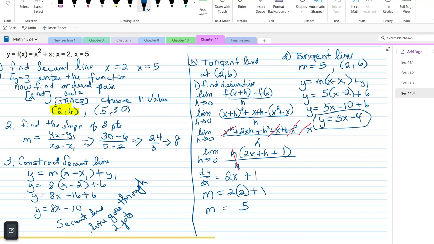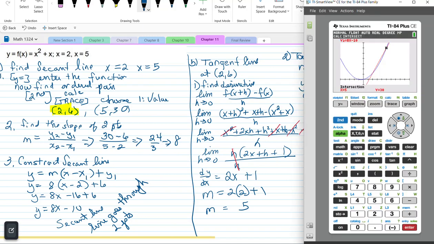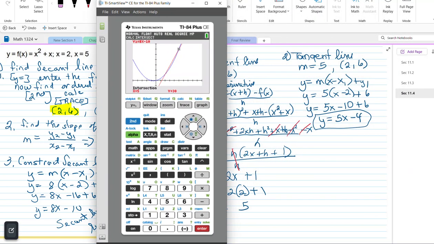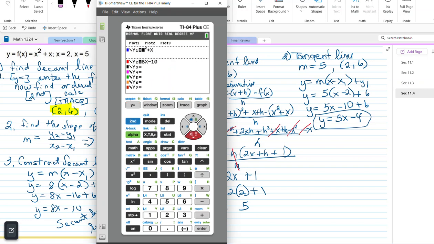And now I'm going to insert it in my calculator and verify. I'm going to move it over here. I'm going to go to the third, and I'm going to put 5x minus 4.